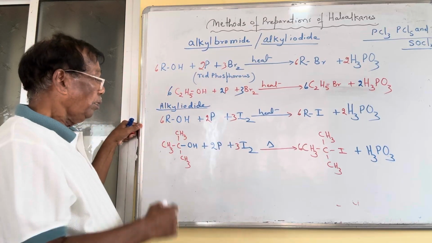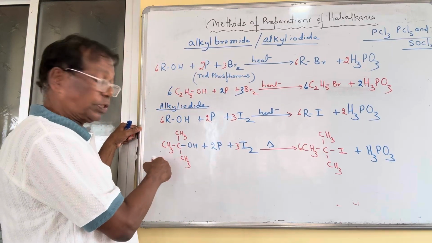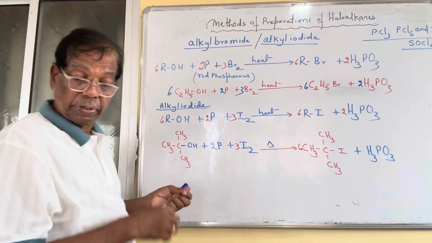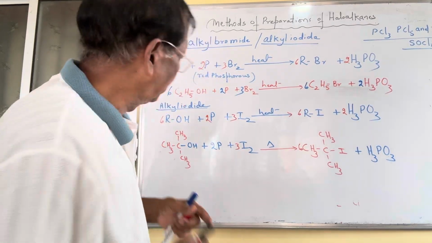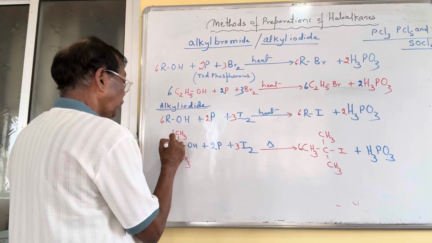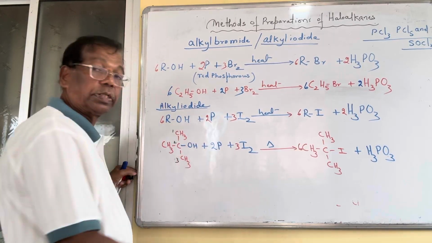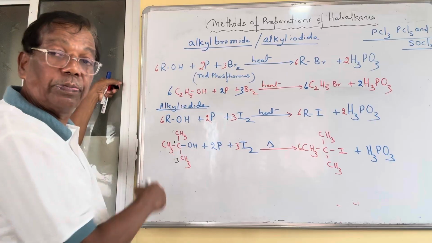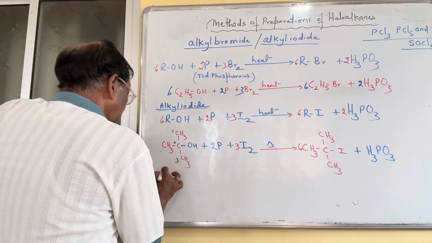Alright. Now, if you use the IUPAC name for this compound, then what will be the method to name this? So this is 1, this is 2, and this is 3. So at carbon number 2, there is methyl. At carbon number 2, there is an OH. So I can say here 2-methyl.